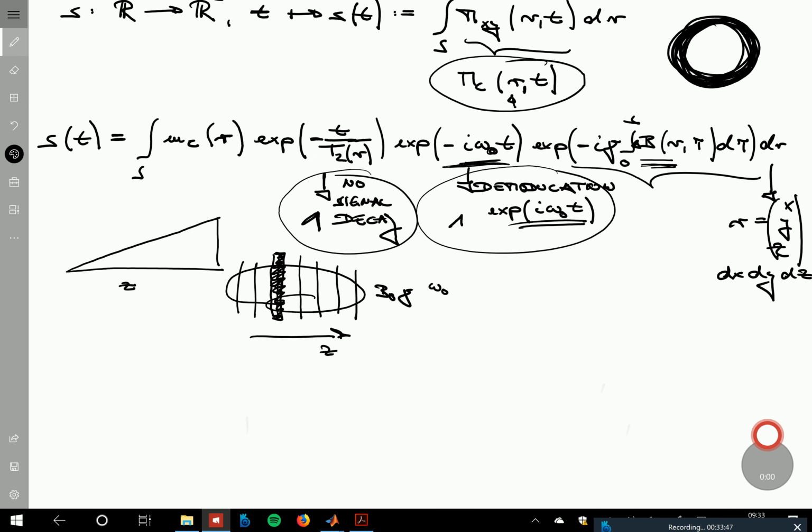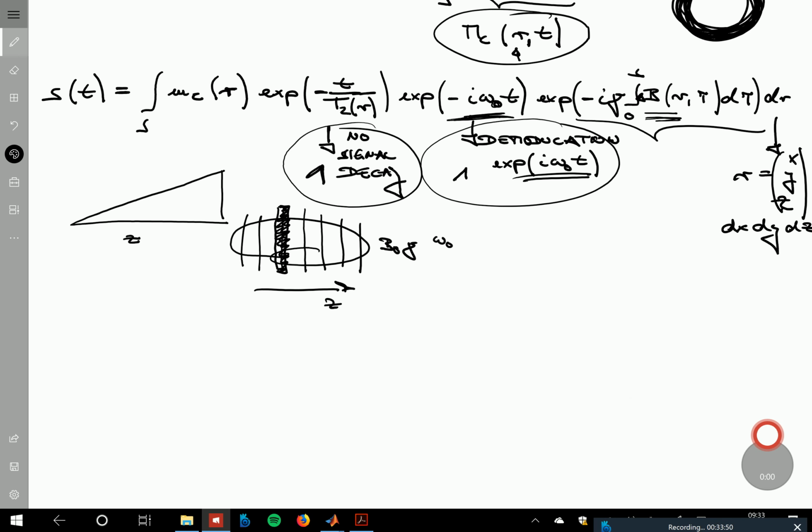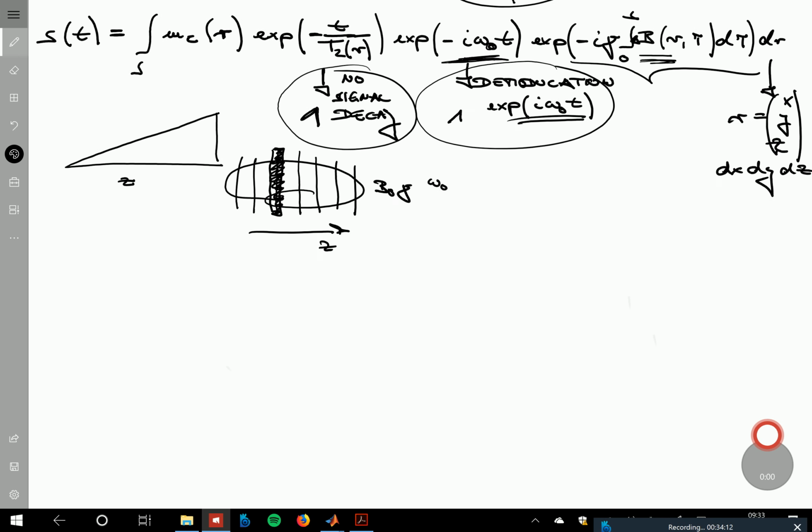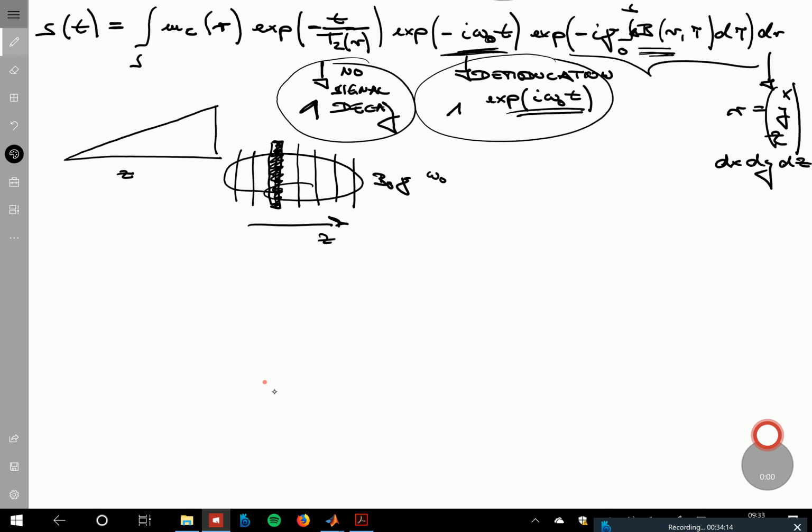So we basically perform this integration over Z and leave present in the signal only the integration over X and Y. If this is unclear, you have to ask, because I don't think I have the words to explain it in another way right now.